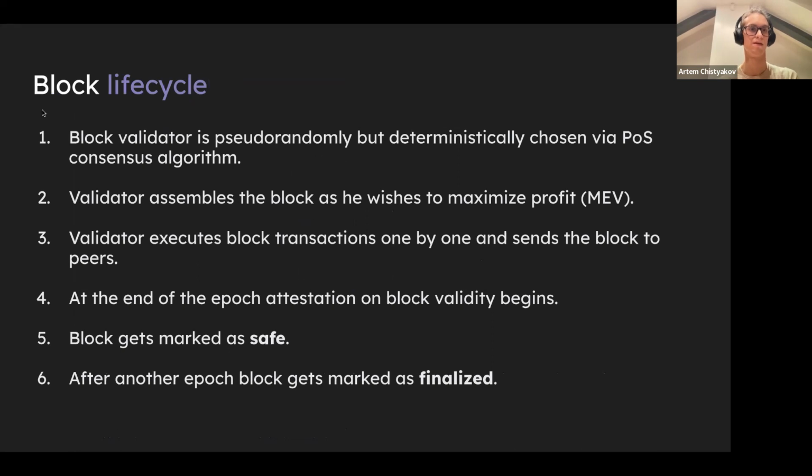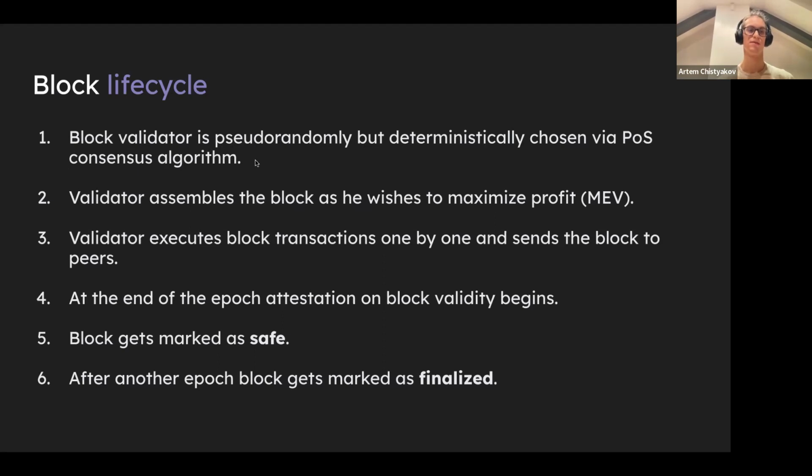Okay, so let's wrap up the block topic with its life cycle. So number one, the block validator is pseudo-randomly but deterministically chosen via the proof of stake consensus algorithm.